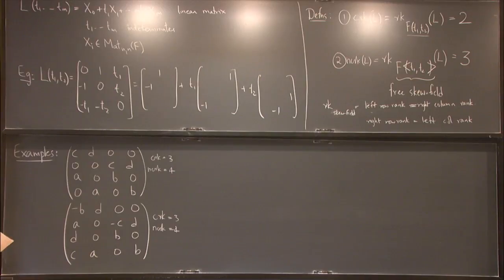So it's kind of subtle. It's not easy to spot immediately whether the non-commutative rank will actually jump or not. Any questions so far?